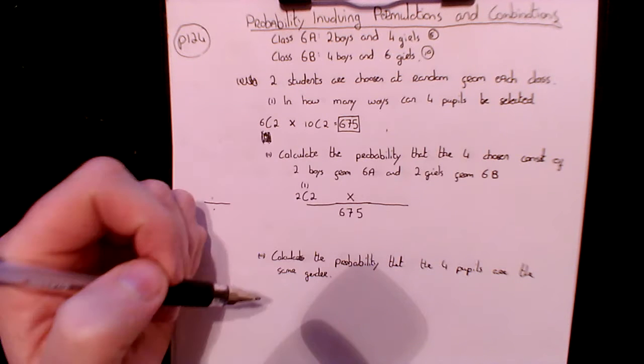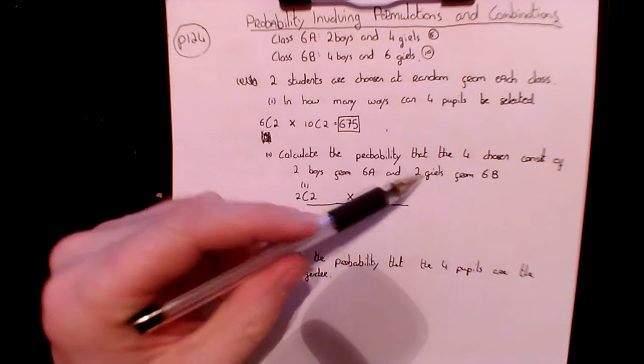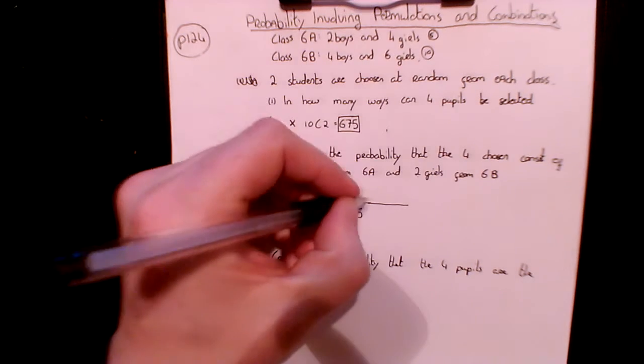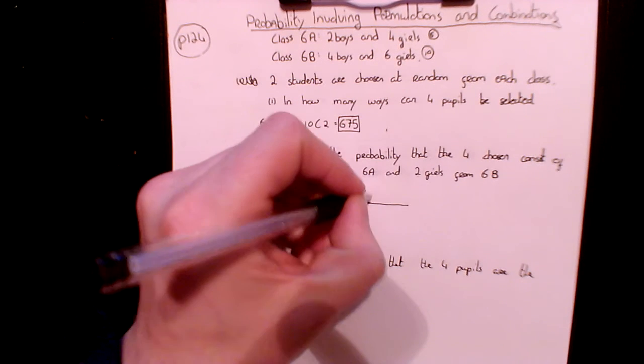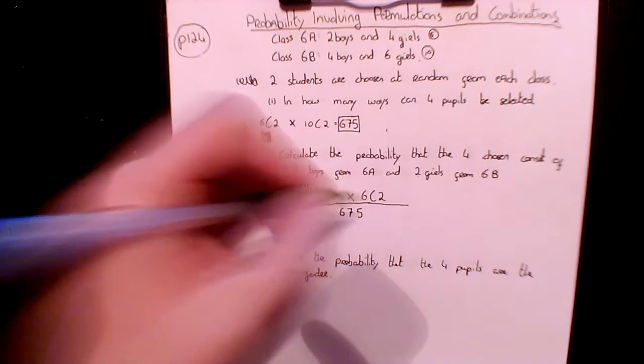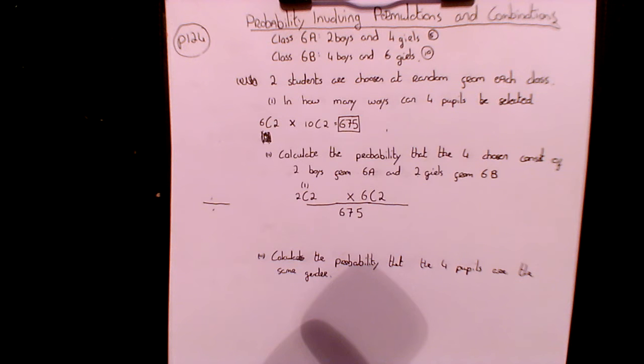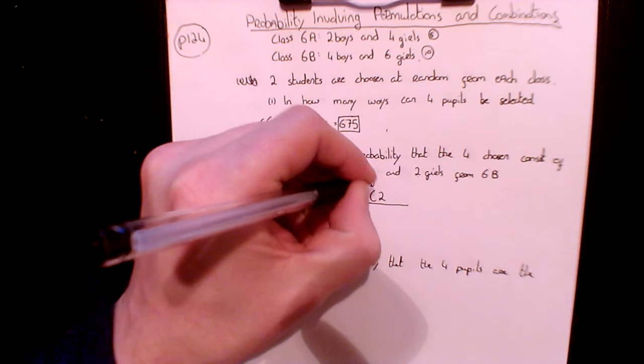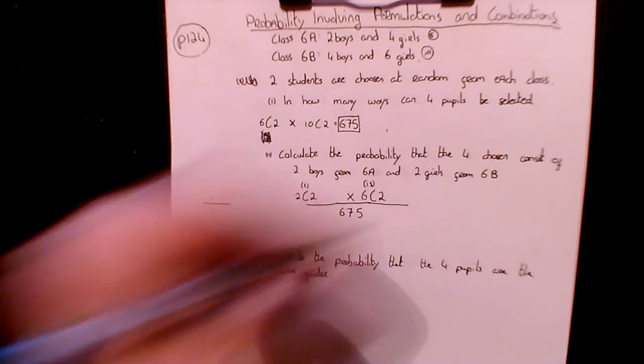And then how many different ways can I choose 2 girls? Well, there's 6 girls there, so 6 choose 2, and that's 15 different ways.